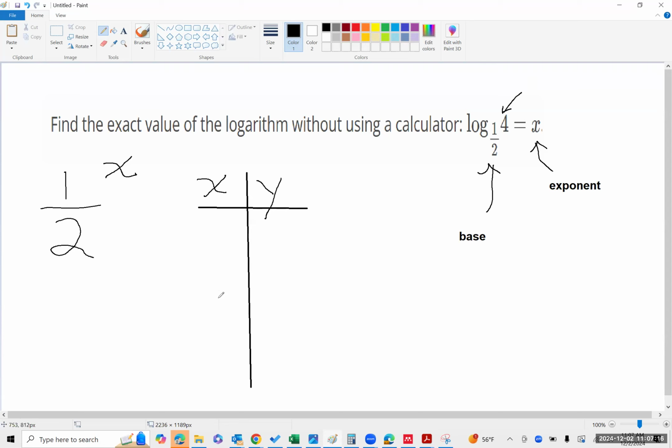So I'm going to start with a 1. And I'm going to have 1/2 to the 1 power. Now, this one is the same as this one, okay? So that's a 1/2.